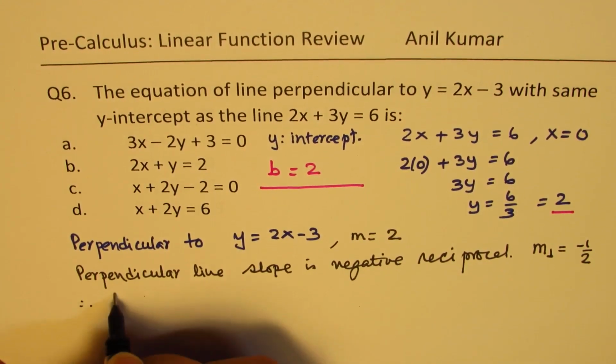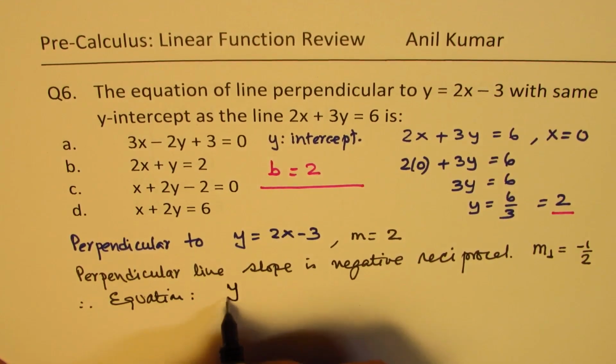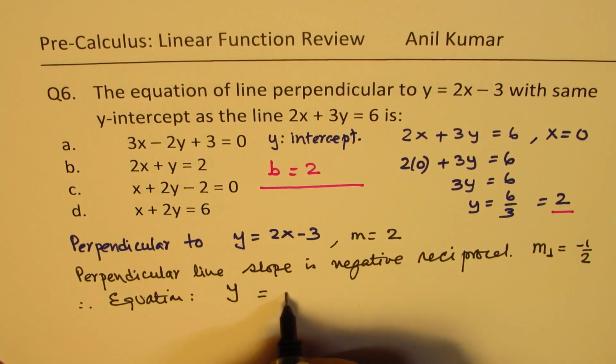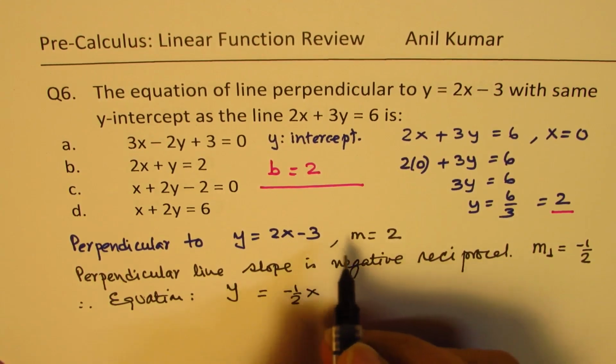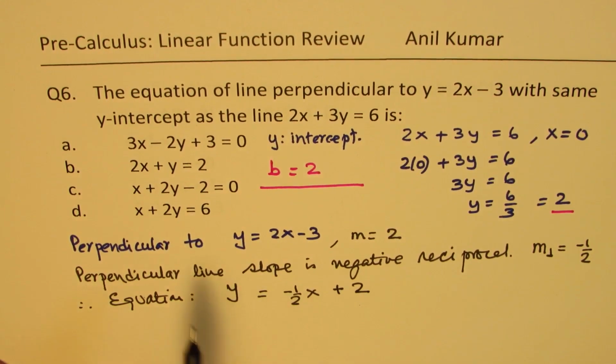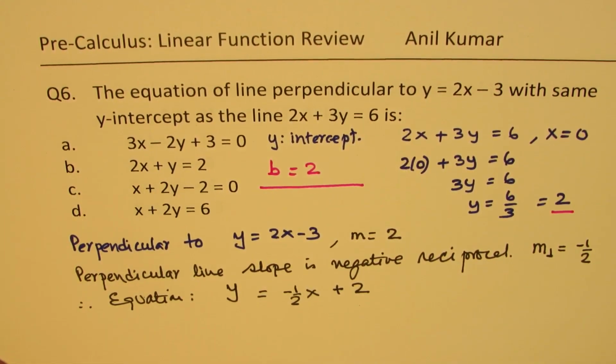Therefore now the equation of our line should be what? Slope is minus half, so y = -1/2 x, right? And the y-intercept is 2, so y = -1/2 x + 2. Now all these equations are given in a different form, which we also call standard form. So to get that, we'll multiply all of them by 2.